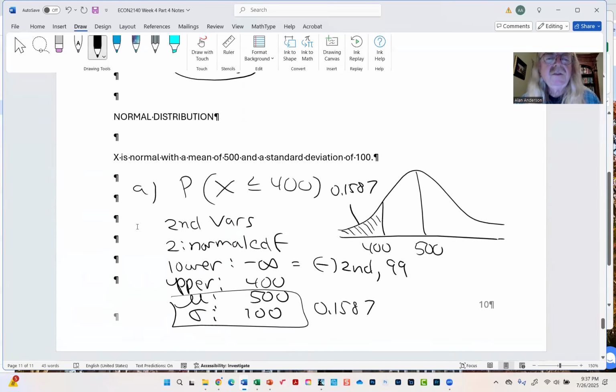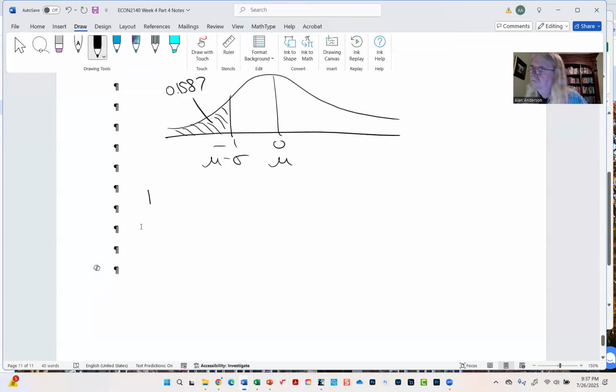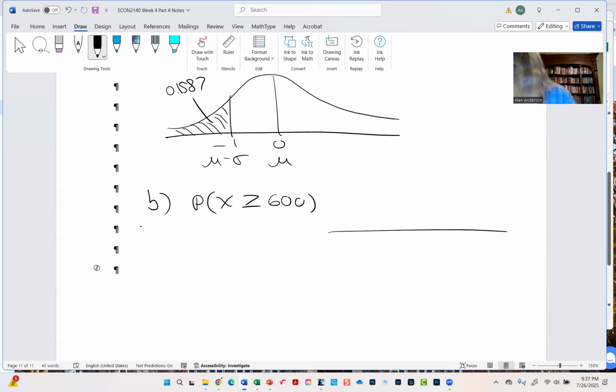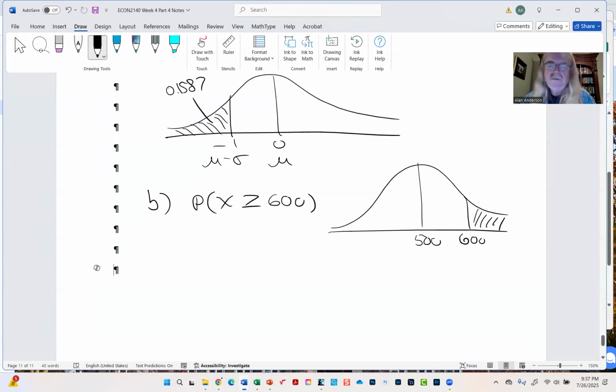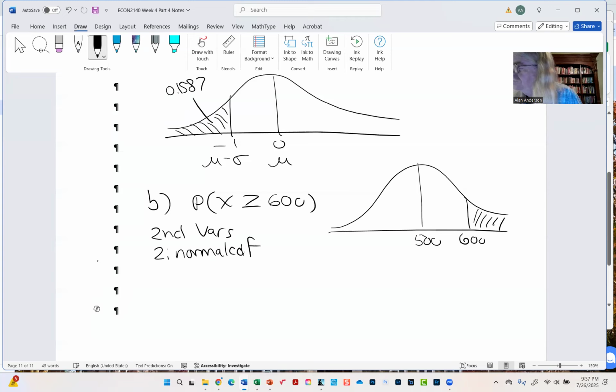All right, then let's try this one. The lower limit this time is 600.